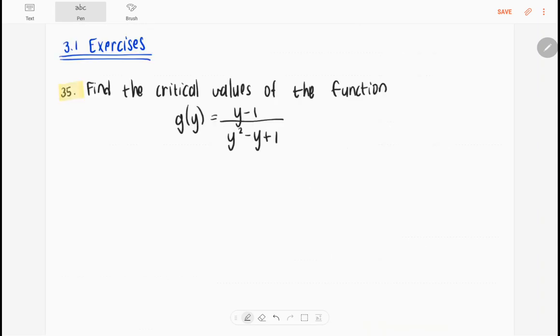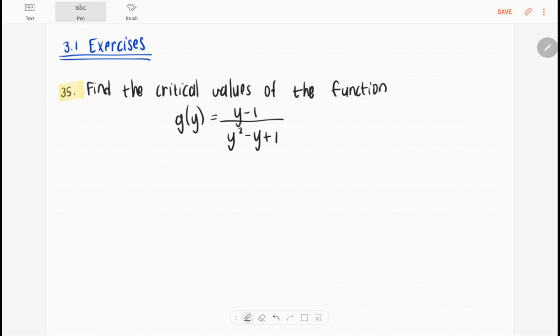We are now at section 3.1's exercises. Number 35 says find the critical values of the function g(y) equals (y minus 1) over (y squared minus y plus 1). So let's firstly recap what a critical value is again.